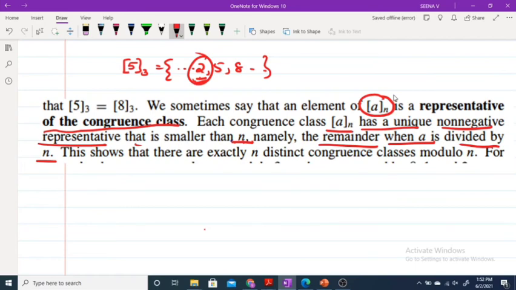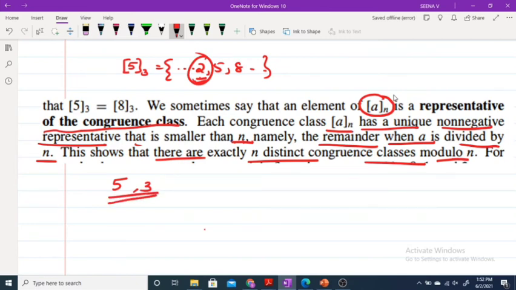This shows that there are exactly n distinct congruent classes modulo n. If you take 5 and 3, then when 5 is divided by 3, what is the remainder obtained?